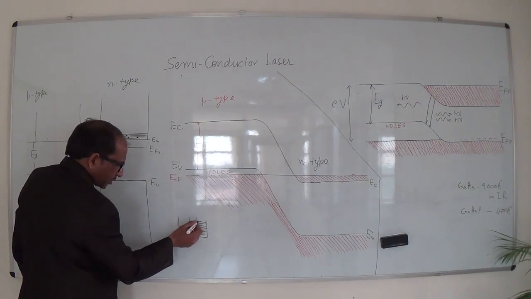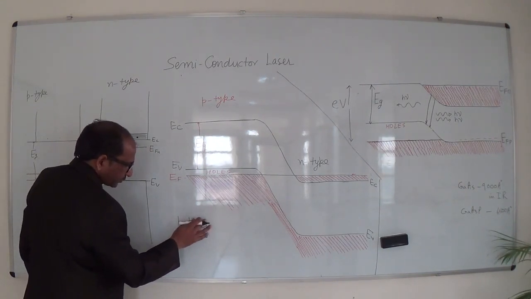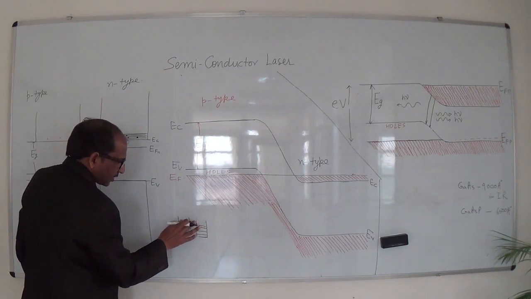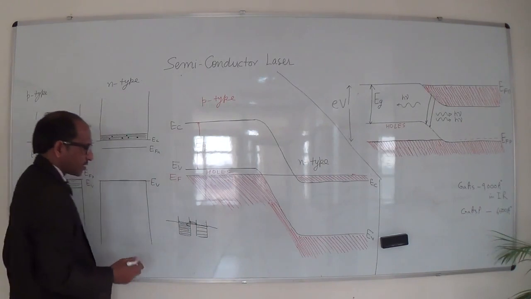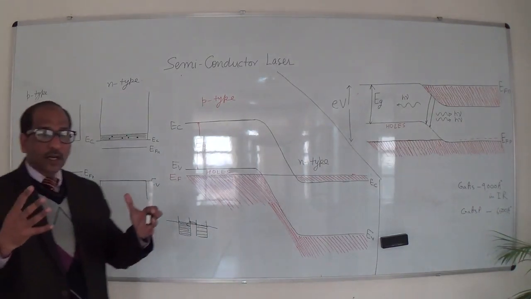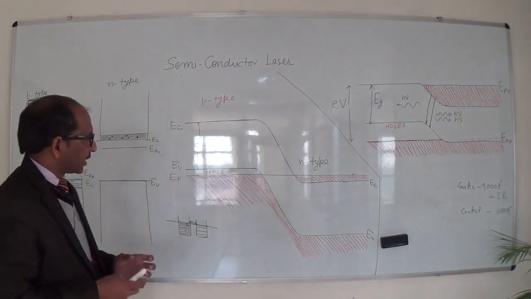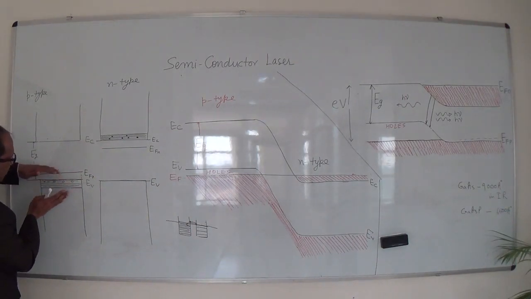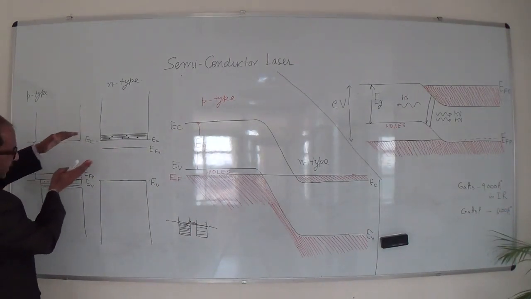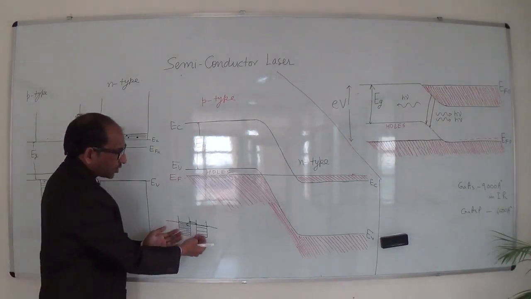Water from the higher level comes toward this side, and after some time it becomes the same level. This is the idea. Similarly, when we join p-type and n-type semiconductor together, these energy levels on one side rise and on the other side go downwards, and the situation becomes like this.